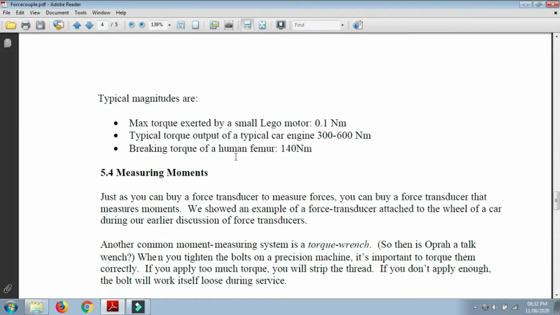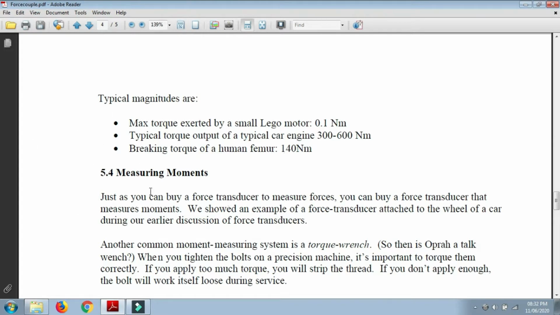In order to break that bone, a torque of 140 Newton meter has to be applied by means of any force on which you fell on the ground. So if you go above that range, rest assured, unfortunately, your human femur bone is broken. If you are less than that, you are a lucky guy or girl, and the bone is not going to be broken.